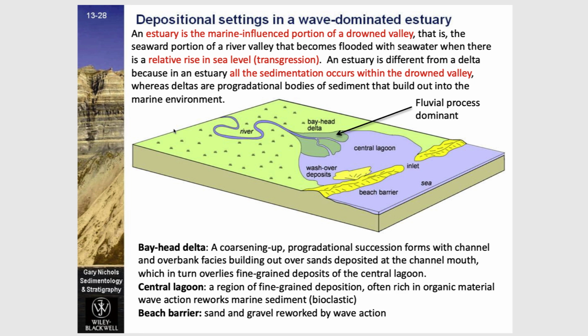And so these commonly lead to the formation of a bayhead delta, and these are usually more reduced deltas. They are commonly called estuaries, which are essentially the marine influenced portion of a drowned valley, because many times this will form on pre-existing valleys.